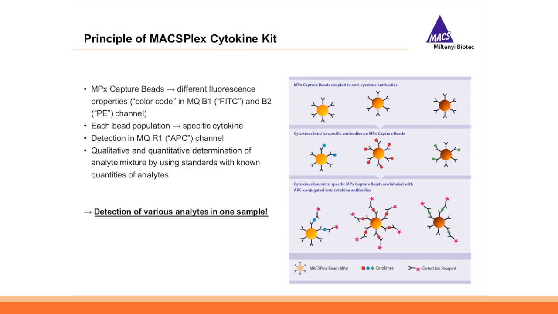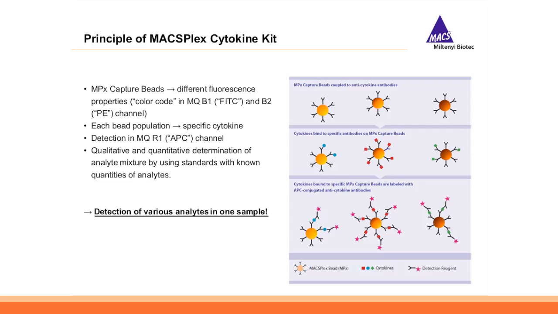Each individual bead population detects a specific cytokine because the capture beads are coupled to anti-cytokine specific antibodies. And when you then incubate your samples or the standards with the capture beads, the cytokines are bound to the specific antibodies on the capture beads.